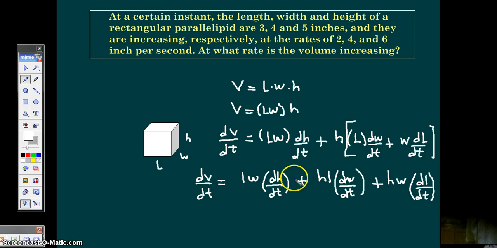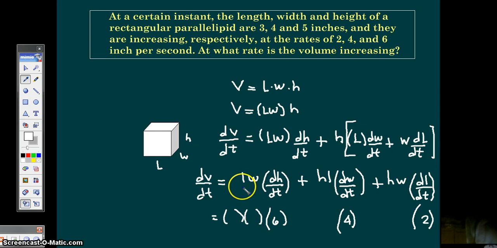Now we have the equation involving all the rates of change, so all we need to do is substitute all the given. The 2 here is the rate of change of the length, so you have here 2. This 4 is the rate of change of the width, so you have here 4. And 6, the rate of change of the height, respectively. Now, what are the dimensions at that moment?